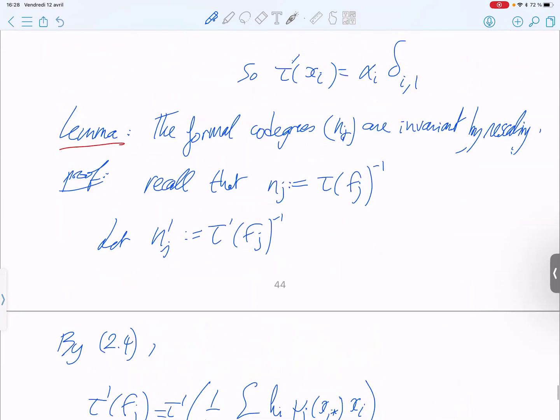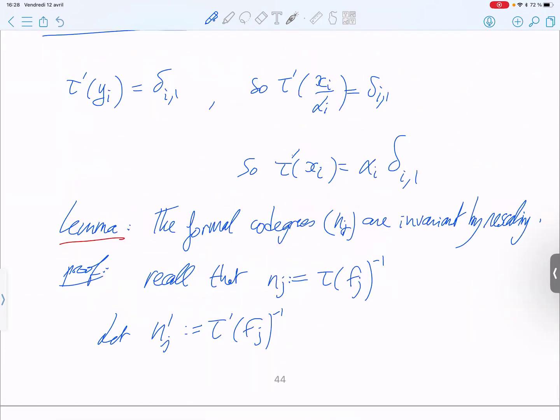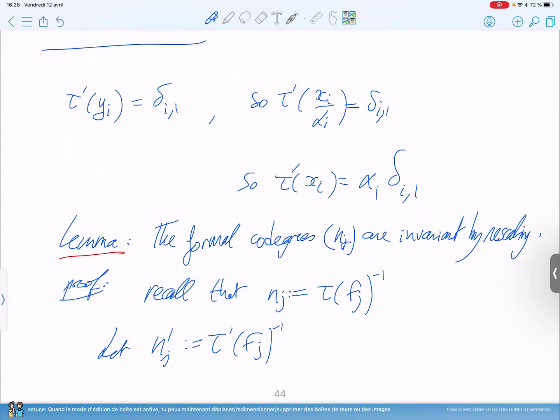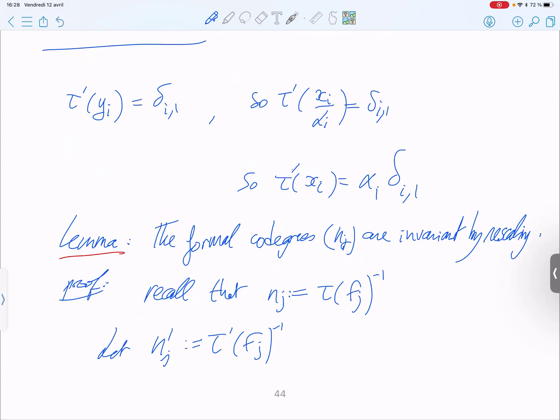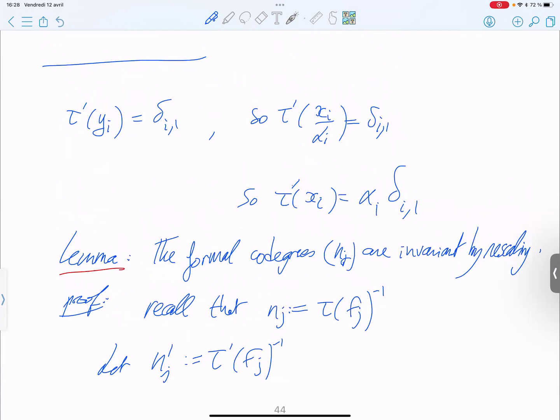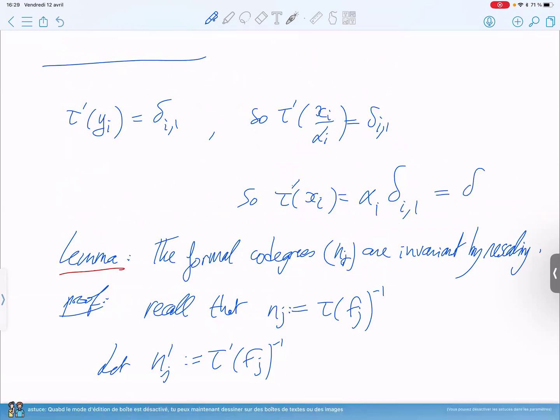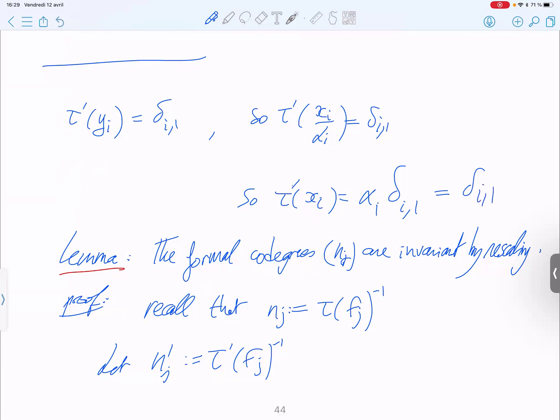Okay, so in fact, here you can simplify, you can just write alpha_i. Oh, I see. So maybe it can be simplified even directly. You have that, but in fact, this is just delta_i1.